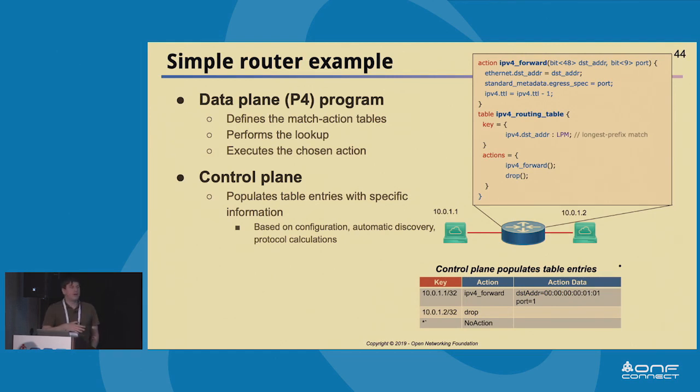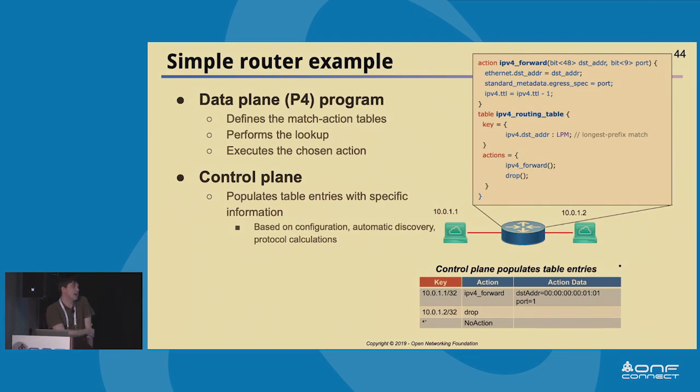So now that we've defined our P4 program, in this case implementing a simple IPv4 router, it's important to specify and be clear about the fact that P4 specifies the data plane packet processing pipeline. But then to have this router working in a real network, we also need a control plane. P4 does not define the control plane. We use different mechanisms to implement the control plane.